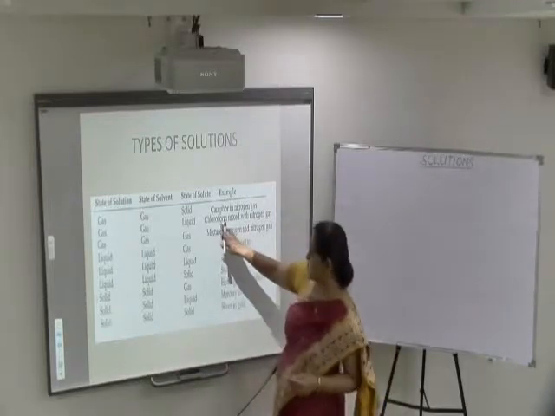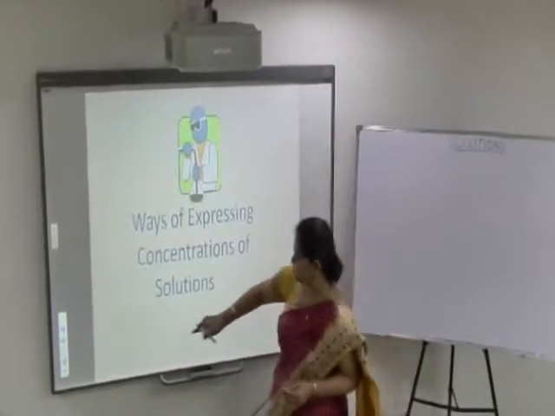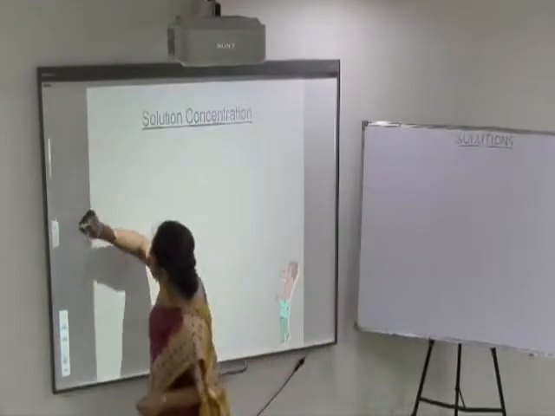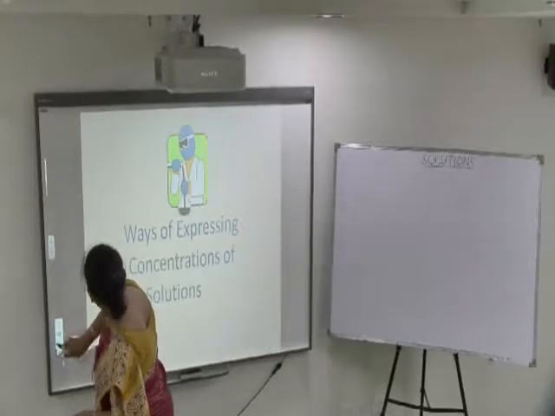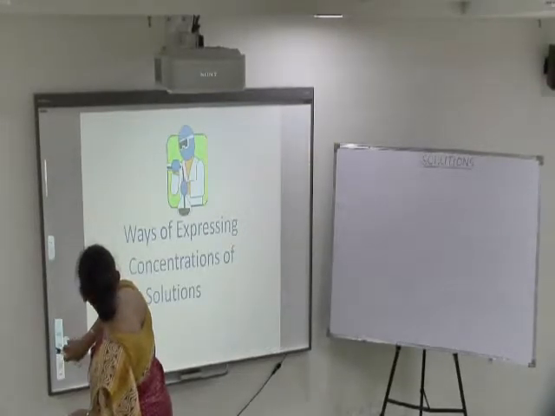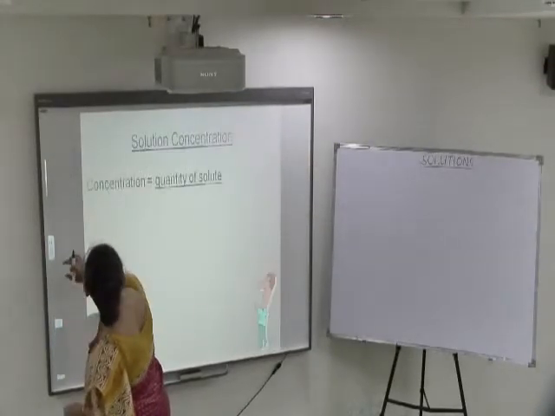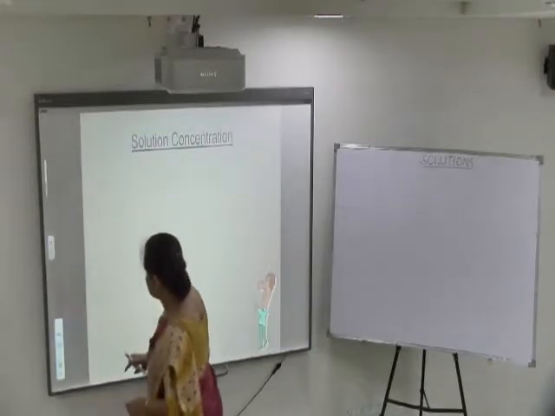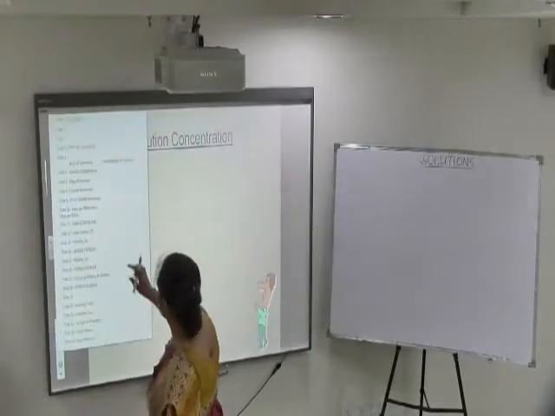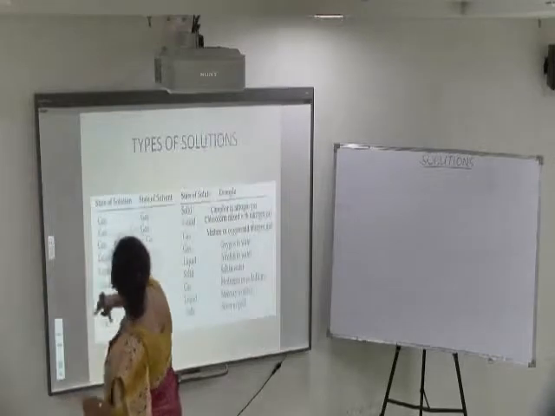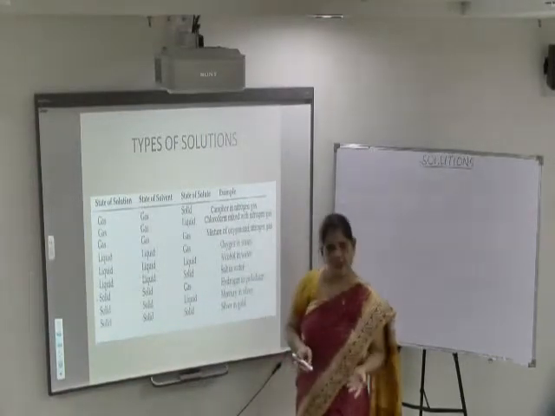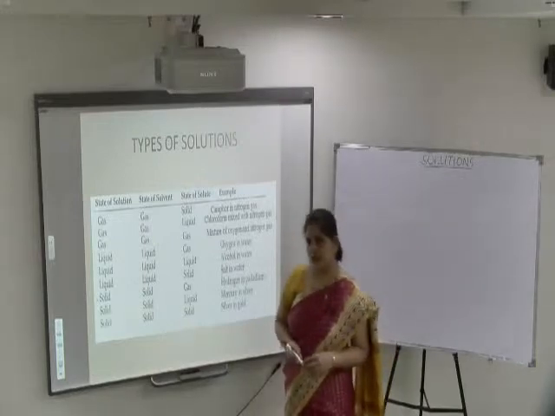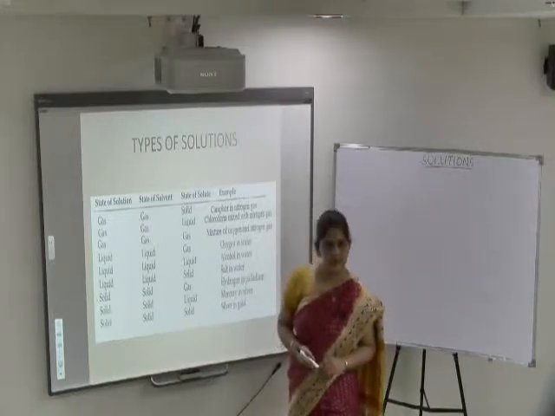The example given here is chloroform mixed with nitrogen gas, and we all know chloroform is one of the volatile substances.